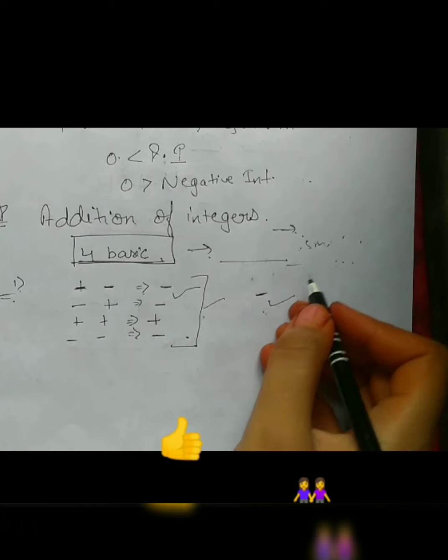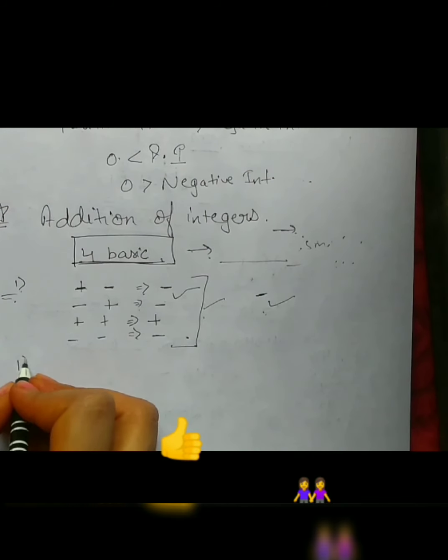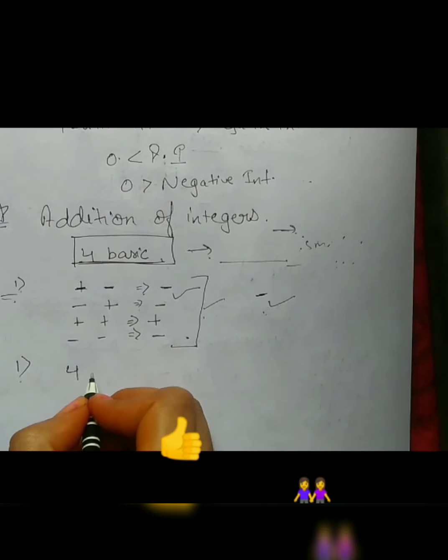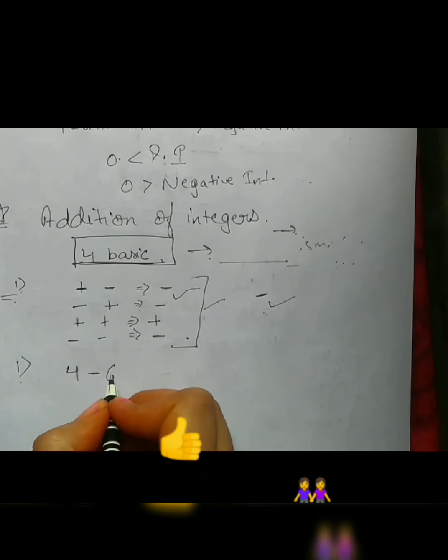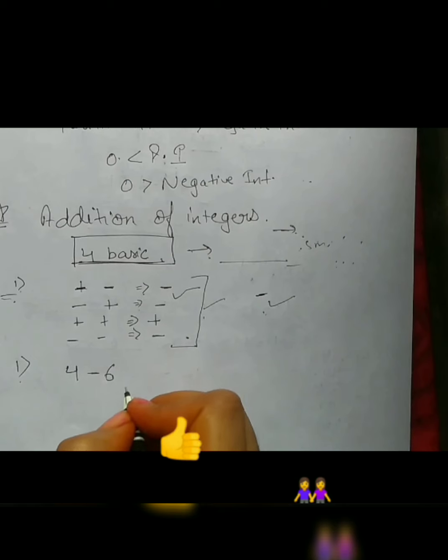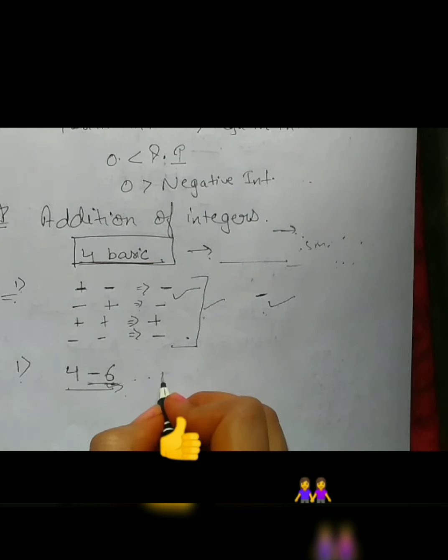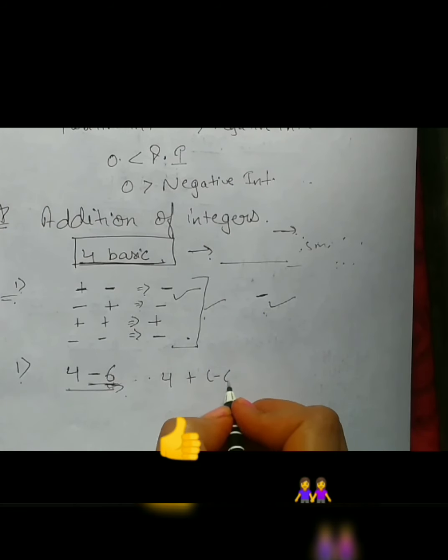So let us take some examples. First, we have a small question, 4 minus 6. Whenever you solve a question or a problem in math, do read digits with their sign. So this question can also be written as 4 plus minus 6.